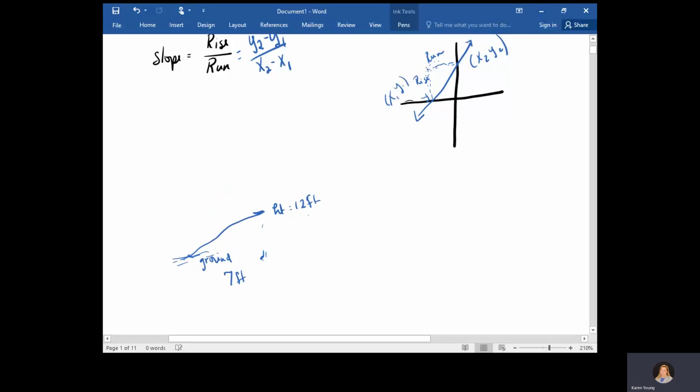My drawing's off because I can't draw, said every math teacher everywhere. But my slope is going to be 12/7 because I've got a rise of 12 feet for every 7 feet I go one direction. So for every 7 feet I'm going west, I'm going up 12 feet.